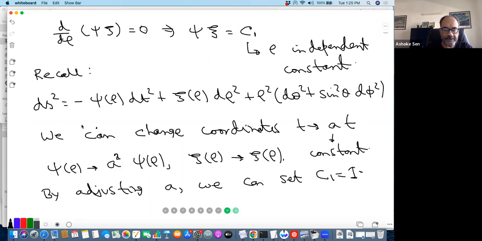If we write, for example, psi of rho equal to C1 over xi of rho here, then you'll get minus C1 dt square over xi of rho plus xi of rho d rho square plus rho square times this. And all you are saying is that C1 dt square I can declare as dt tilde square, right? Just use a new time coordinate and absorb that C1 inside the definition of time. Okay. So using that, we'll from now on use C1 equal to 1, or psi times xi equal to 1.